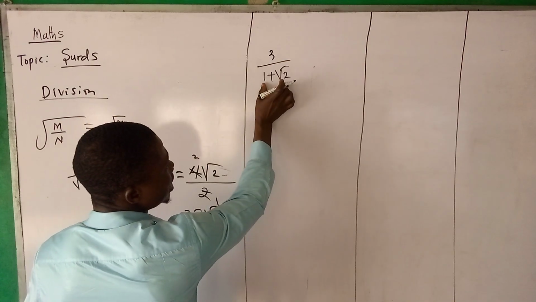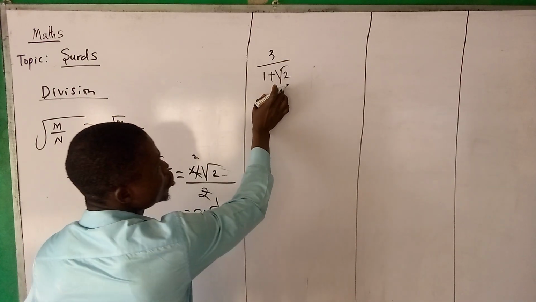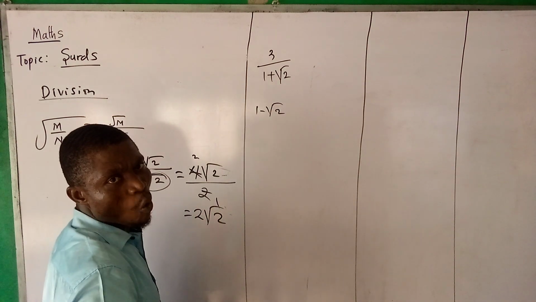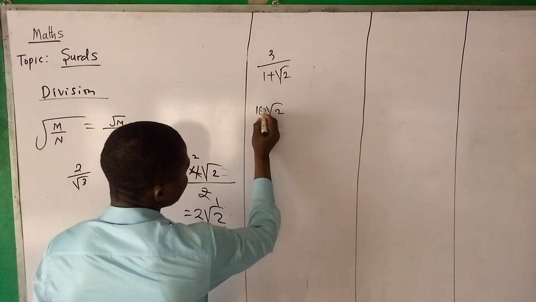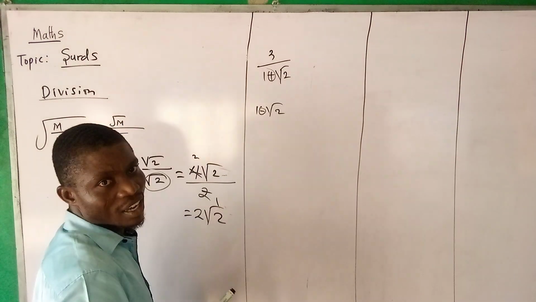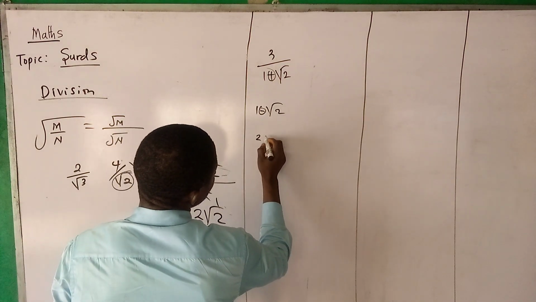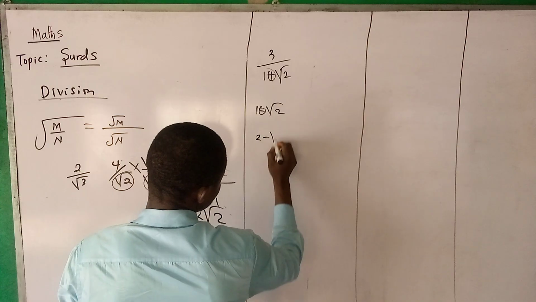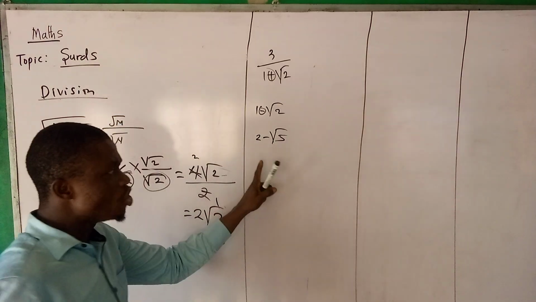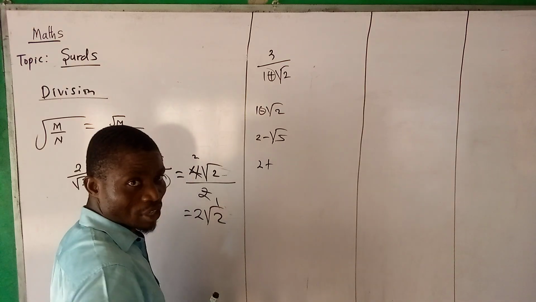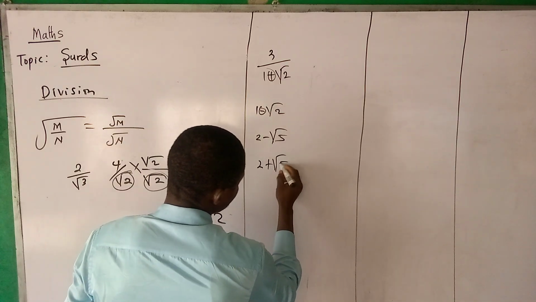So the conjugate of 1 plus surd 2 is 1 minus surd 2. What's the difference? The difference is the sign, right? Now, something like 2 minus surd 5. What's the conjugate? Just write 2, and instead of subtraction, addition, and then surd 5.